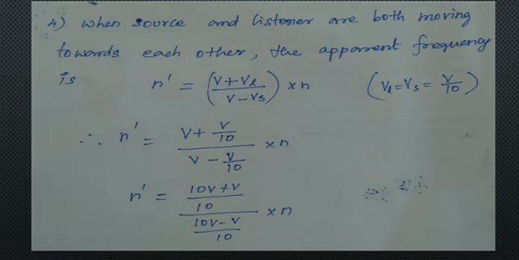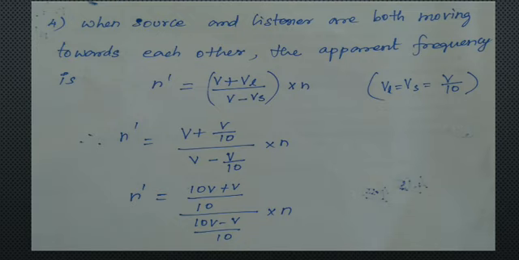Substituting the values in this equation, n dash is equal to v plus v by 10 divided by v minus v by 10, into n. Simplifying, 10v plus v divided by 10, and 10v minus v divided by 10, into n.